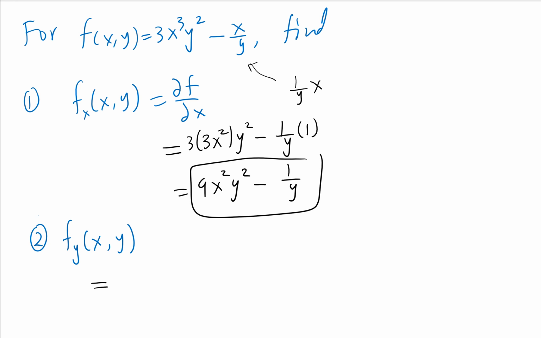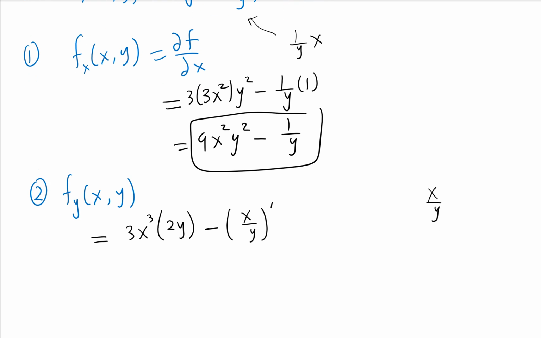Now the next one is more tricky. So to find the derivative of y squared, it's just 2y. But to find the derivative of x over y, you have to work it differently. So how do I find the derivative of this? 6x cubed y stays the same. You can take the x out, that's a constant. So we need to find the derivative of 1 over y.